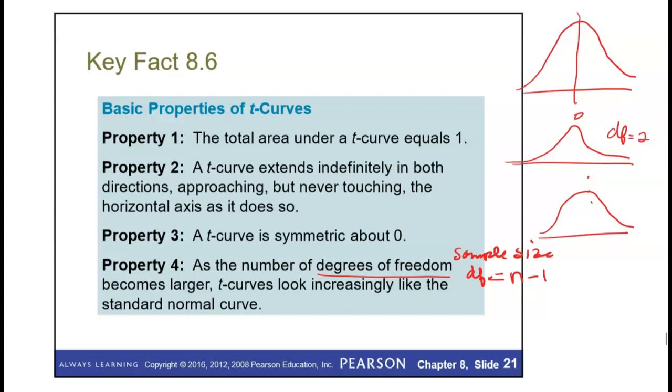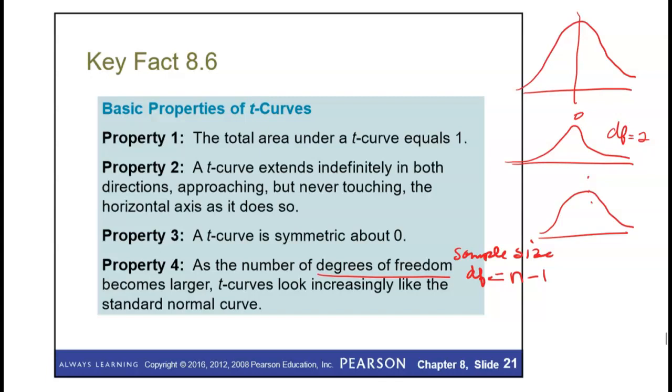What the t-curve also allows us to do is work with incredibly small samples, like samples under 10. It was actually developed, oddly enough, to improve the taste of one of the world's oldest beers, Guinness.